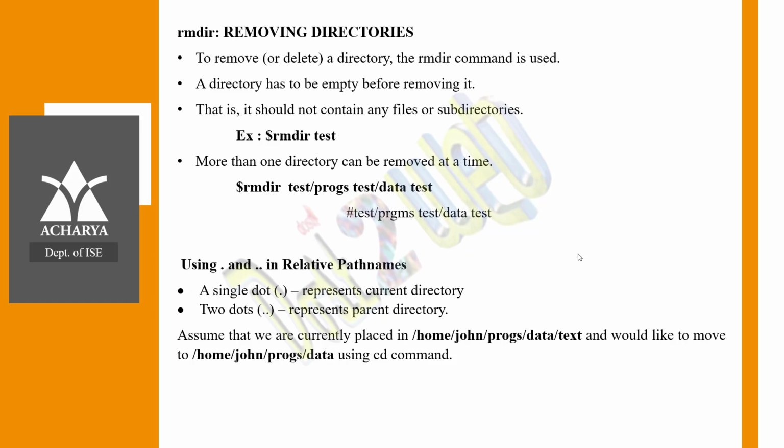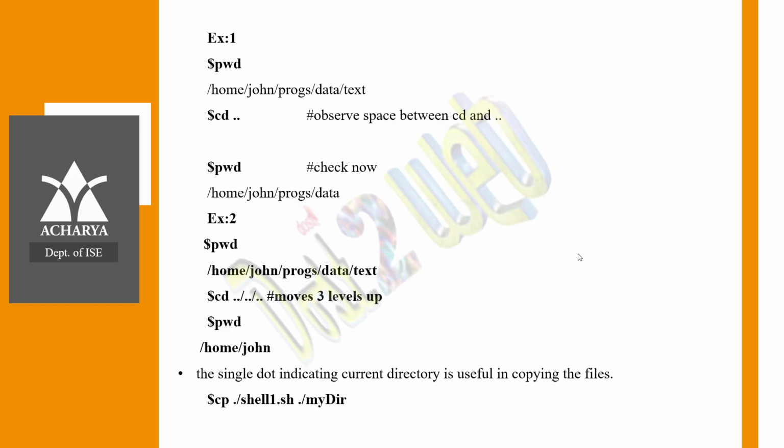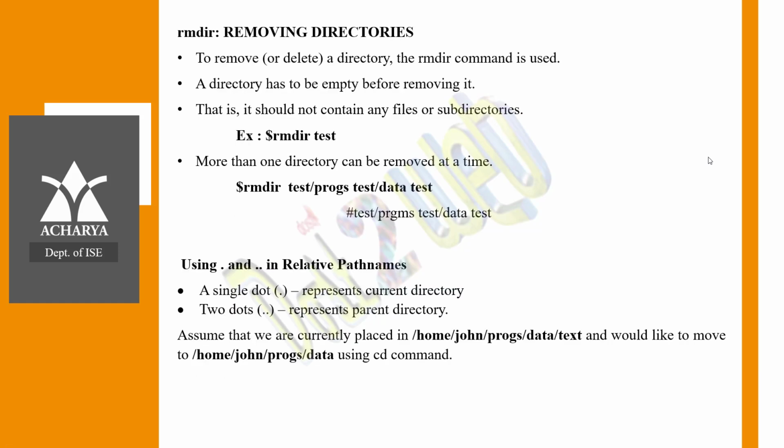We have practiced this earlier also. Here is a different example of the same: what will be the result when you put cd dot dot, and when you put cd single dot? Practice the same way and you will get the idea about the current directory and the parent directory.